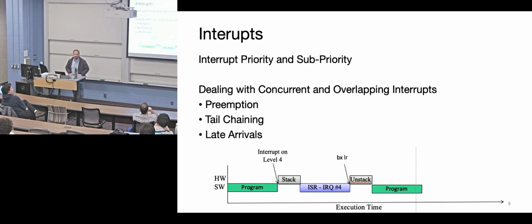Let me say that again; clearly I didn't do a good job there. Actually, what's your question? Is sub-priority just breaking the tie between two that have the same preemption priority? Correct.